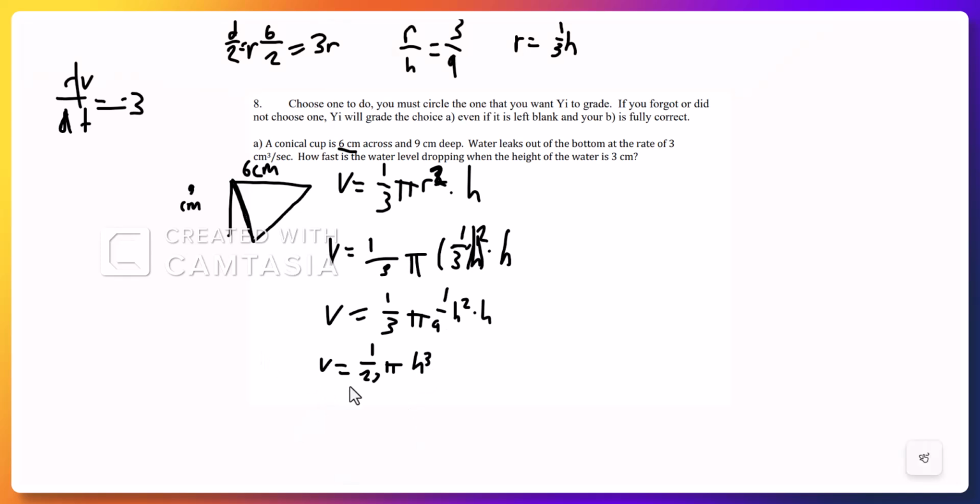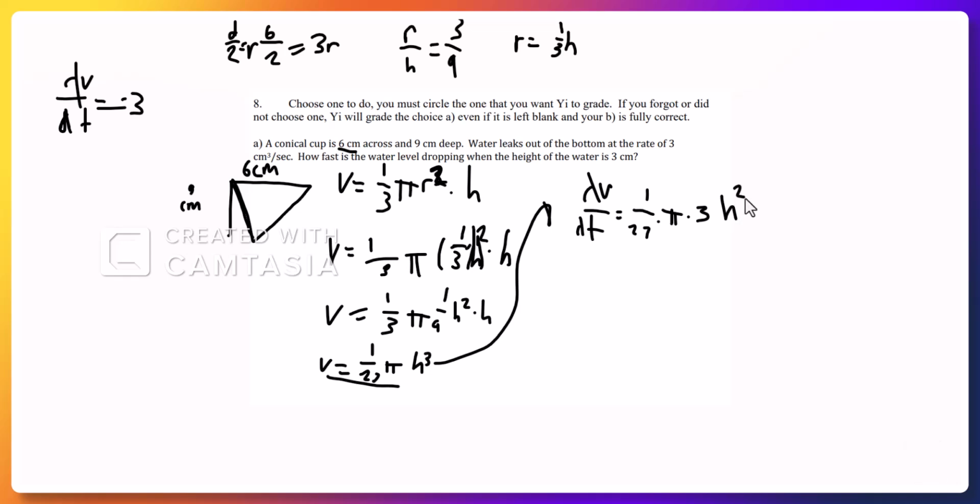Since we have the formula now, we're going to differentiate this function. As we're deriving it, we get dV over dt equals 1 over 27 times pi times, and these are constants so they're not going to change, for the h cubed it's going to be 3h squared, and we multiply this by dh over dt.